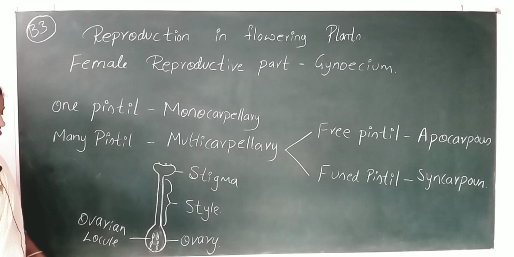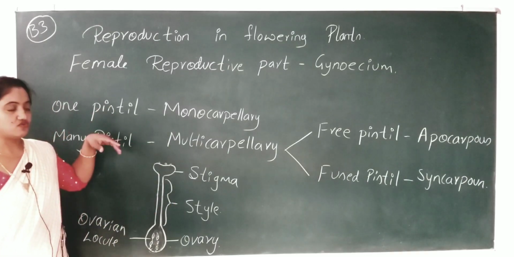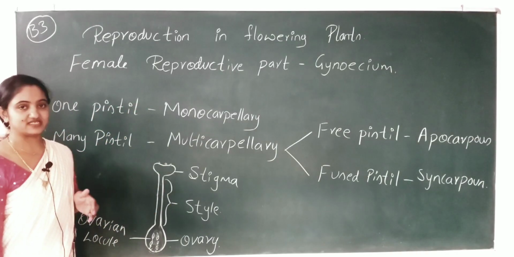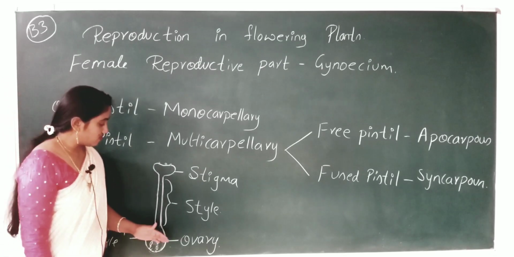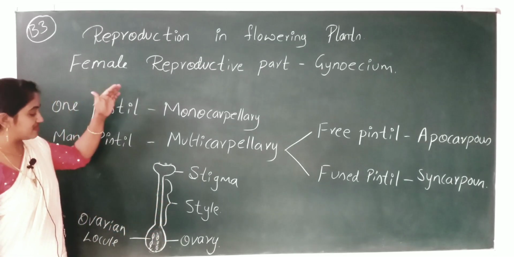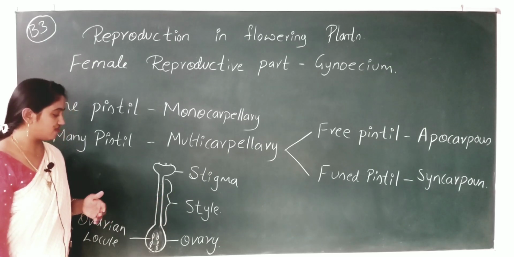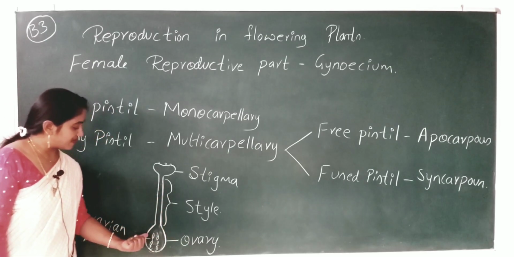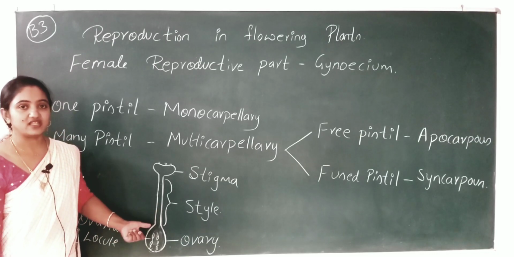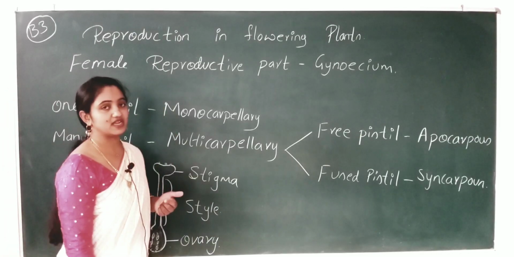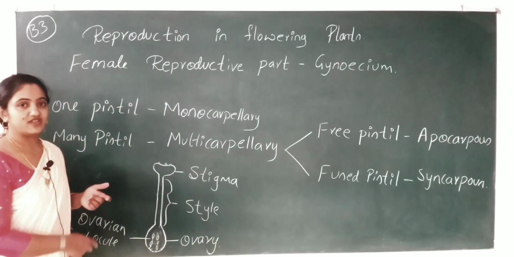This is what you have studied in class 11. Now our concept is to study the internal part of the ovary, or the ovule. What is there in the ovule, and where the female gametophyte is present, we will see.